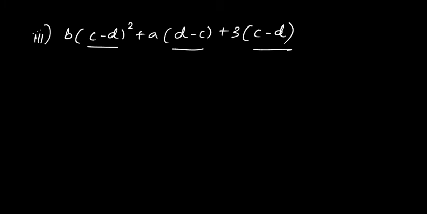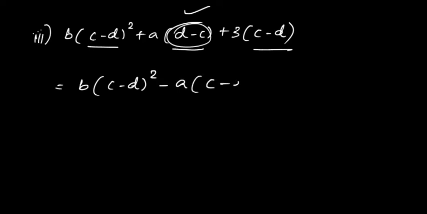So if we interchange here, we'll get c minus d as common in all the three terms. So to interchange that, we'll take minus as common from the second term. So we'll get b into c minus d the whole square minus a into c minus d plus 3 into c minus d. So now we can take the factor c minus d as common.